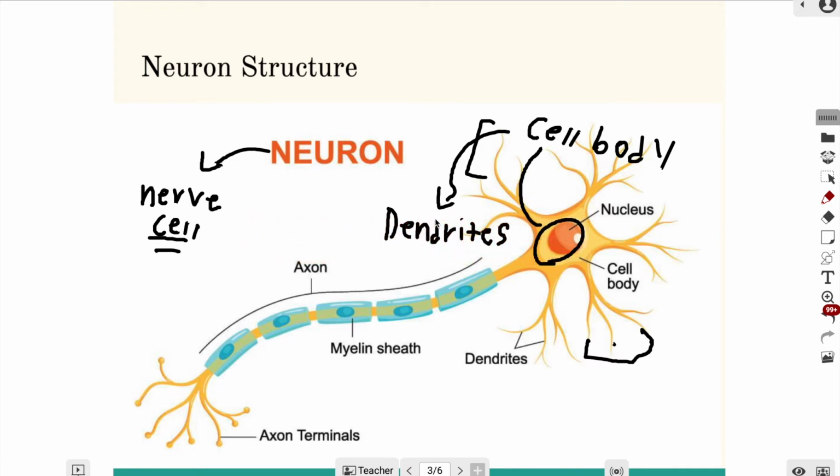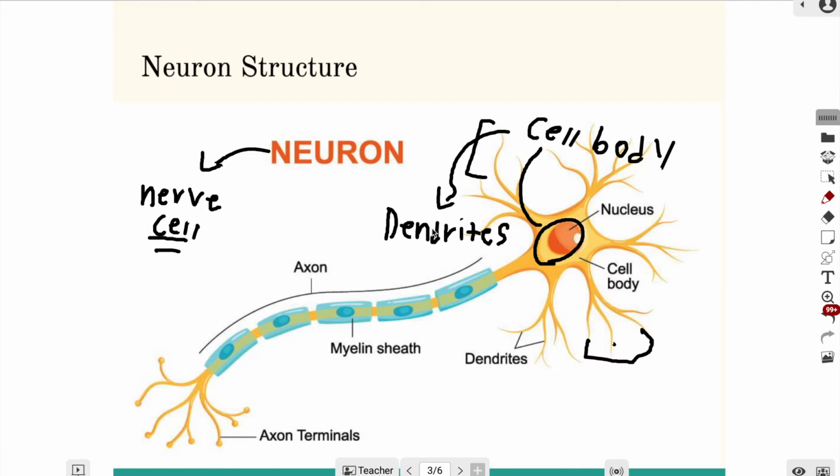Dendrites. What they do is that they receive the signal from another neuron. Through neurotransmitters, we'll take a look at that in the next slide, but really what these dendrites do is that they receive the signal, another message, from the other neuron.